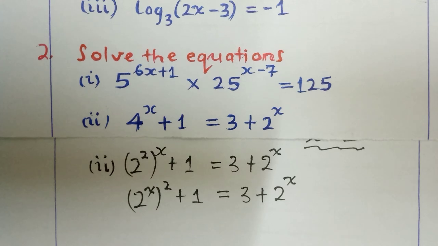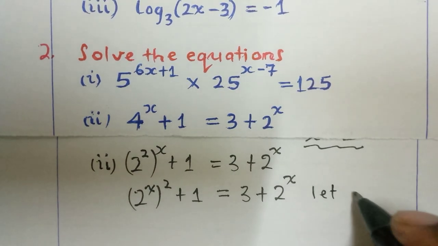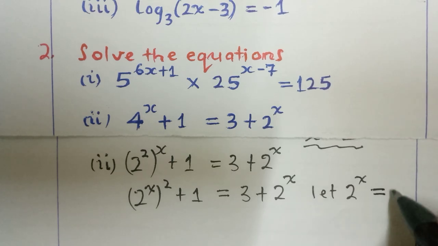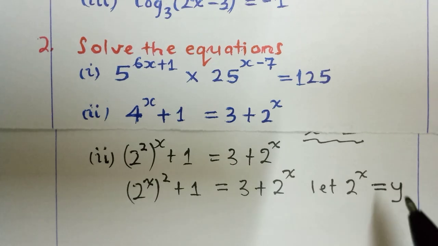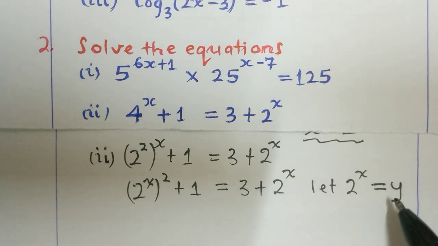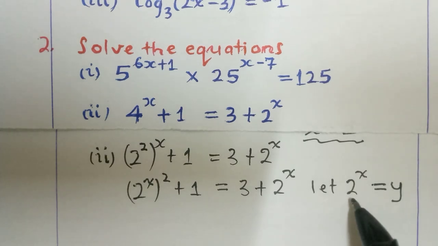Guys, I can now say let 2 raised to x be equal to y. The reason why we do that, guys, is that when you put it into a single unit, it is easier to see what happens rather than when it is like 2 units.